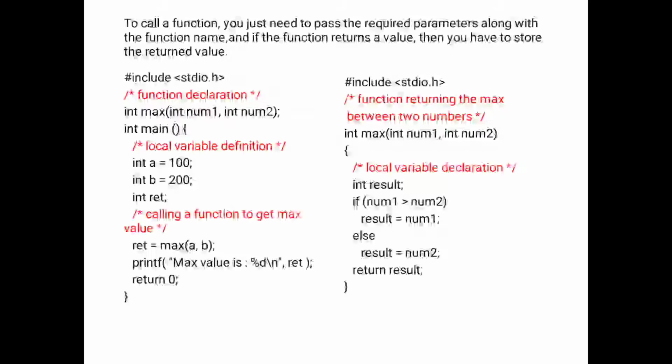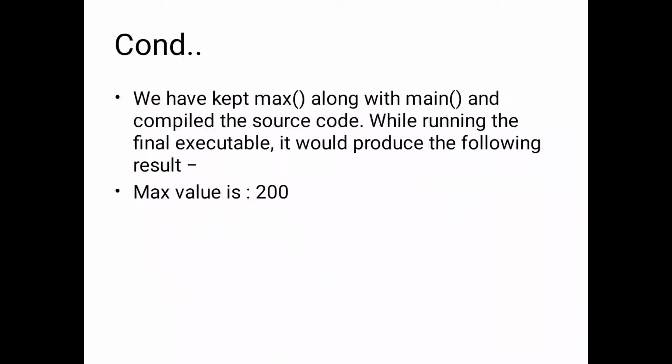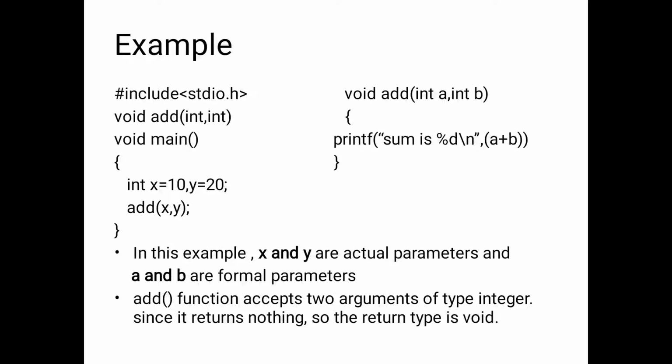In some examples we are using return because I am using int as a data type. Here I am using void as a data type. In the example where we use void, it doesn't return any value. So that is what the return type is. Void is used when it doesn't return any value.